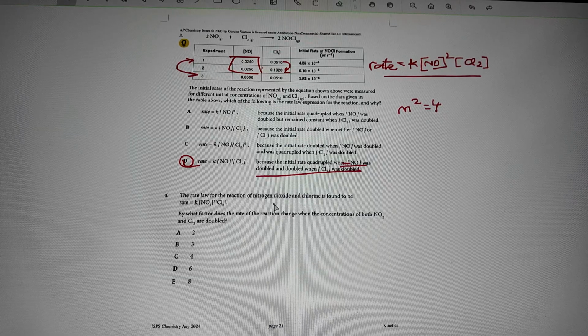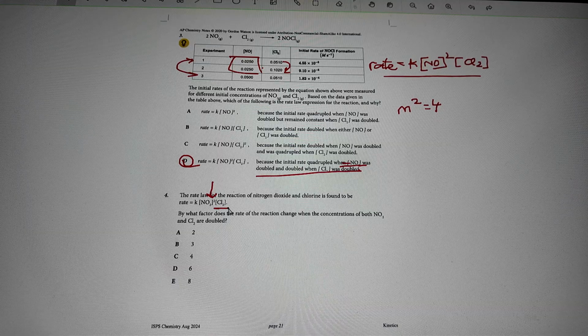The rate law for the reaction of nitrogen dioxide and chlorine was found to be k[NO2]^2[Cl2]. By what factor does this change? So doubling NO2 is second order because of this exponent here, right? It is second order, but Cl2 is first order. That means doubling Cl2 will lead to double.